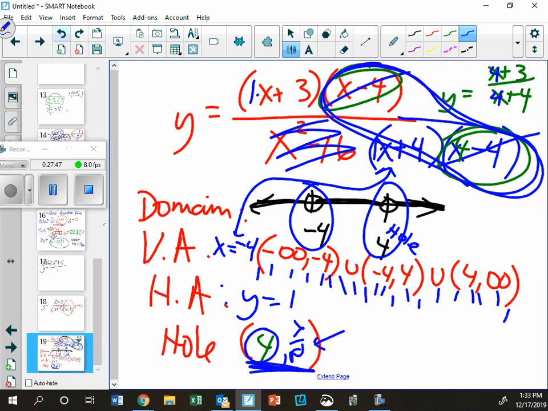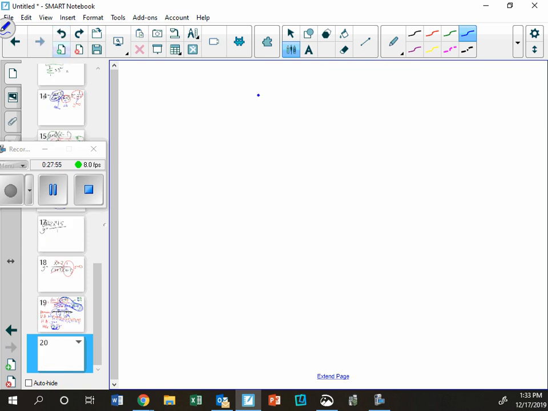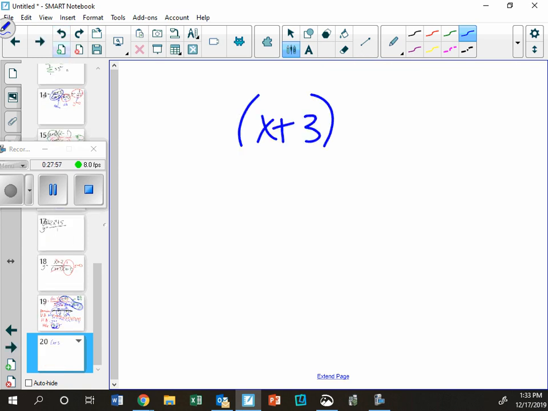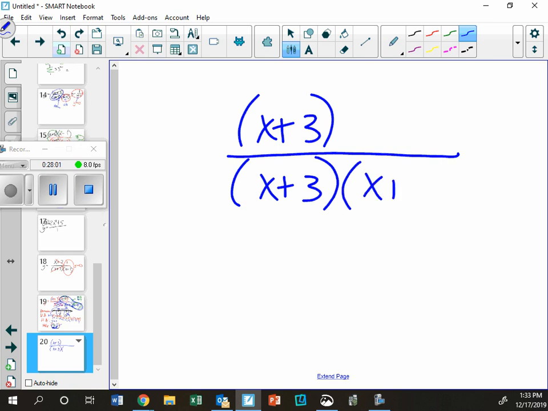But anyway, if it's a battle between a hole and an asymptote, and it seems like the number 3 is both things, I'll give you one. Look at this one. But, weirdly, an extra x plus 3. Can I just cancel both of them? No, that's not how math works.